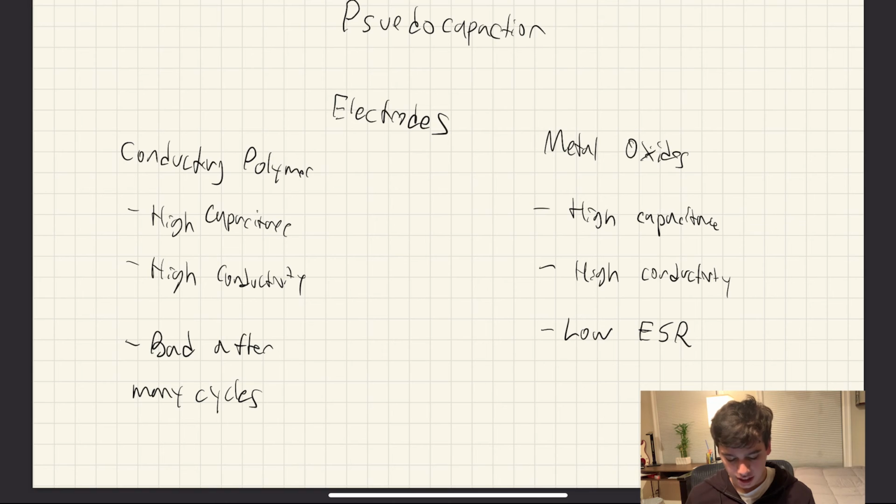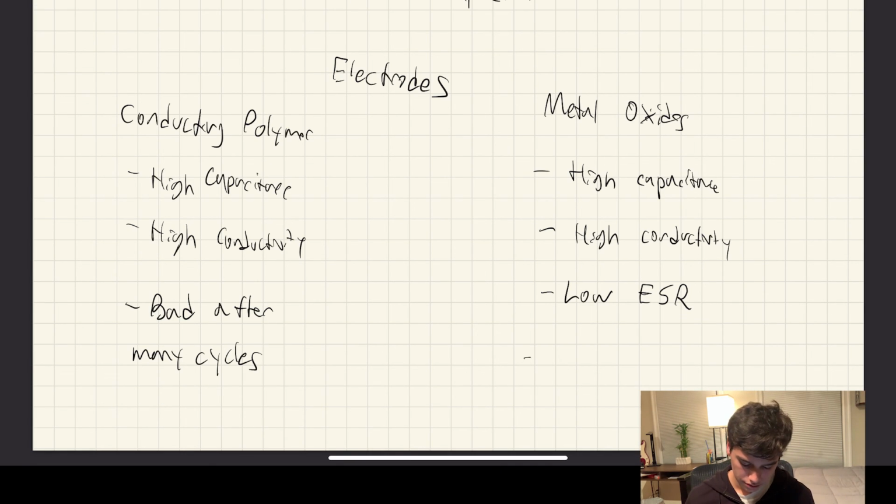With metal oxides, it has the lowest of any of the electrodes, including the activated carbons we talked about in the last video, which are the electrodes normally used on an EDLC. So with metal oxides, you're getting a higher capacitance, higher conductivity, and a lower ESR than conducting polymers or activated carbons. So what's the downside of this one? High cost.